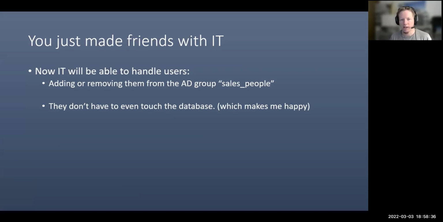And that makes me happy because I don't want IT messing up stuff in my database thinking they know what they're doing. Oftentimes I see that people contact IT. The first thing they do is they add people to the data reader and data writer role. I'm like, no, you shouldn't do that because we have a specific role for it. I've set up a role for salespeople and I want them to use that. And that comes through the AD.